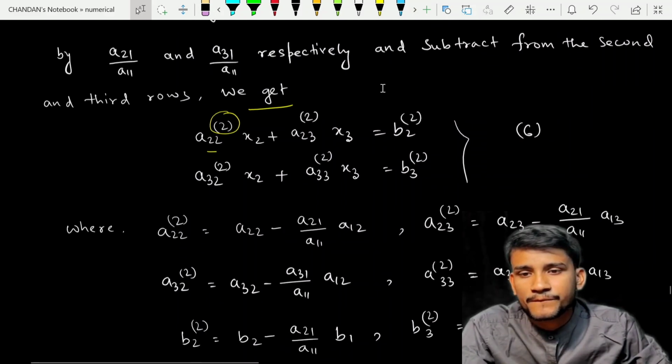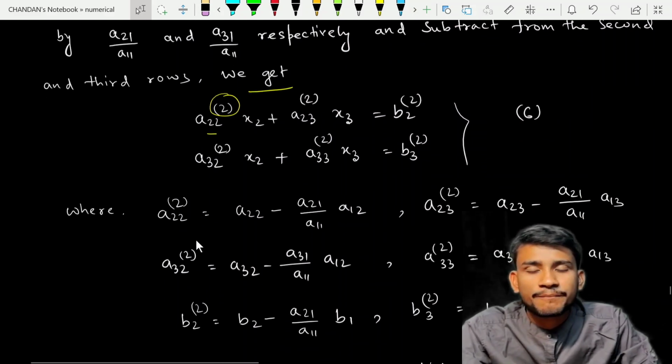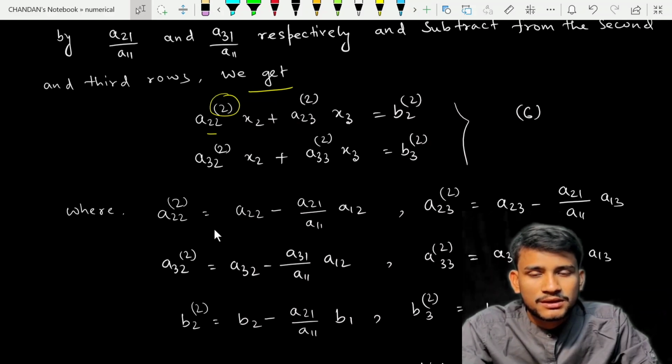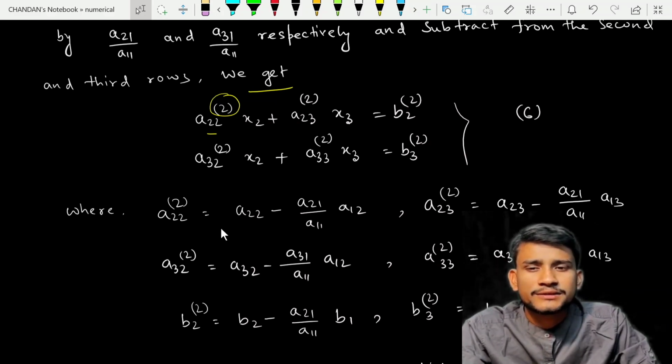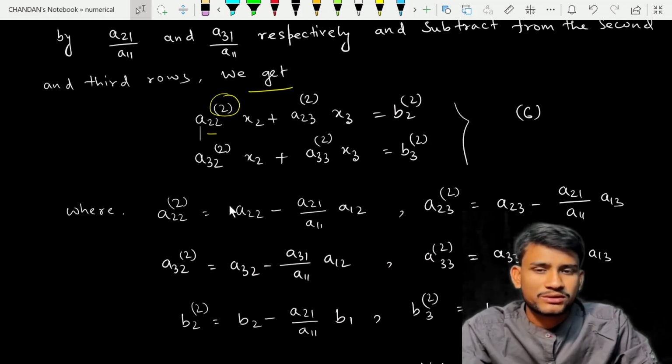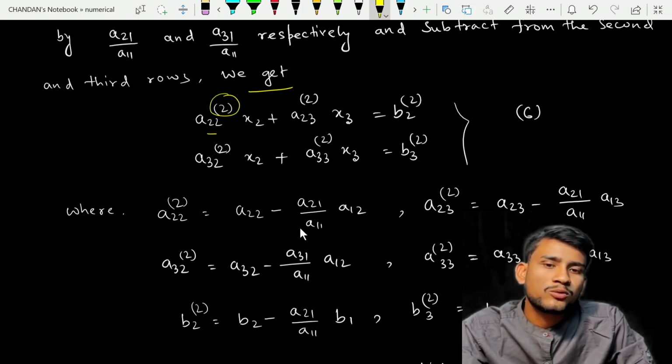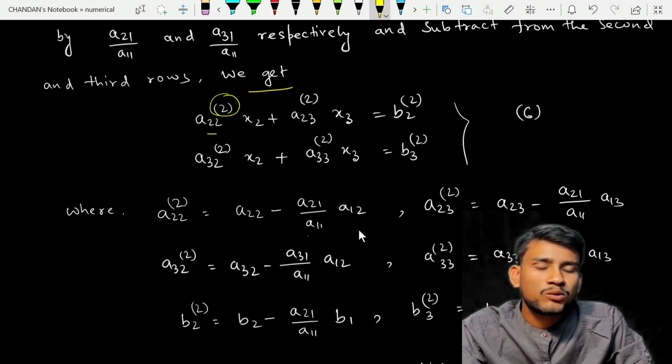Just a minute. You can see this is a notation. So a22 superscript 2 is equal to a22 minus a21 by a11 into a12.